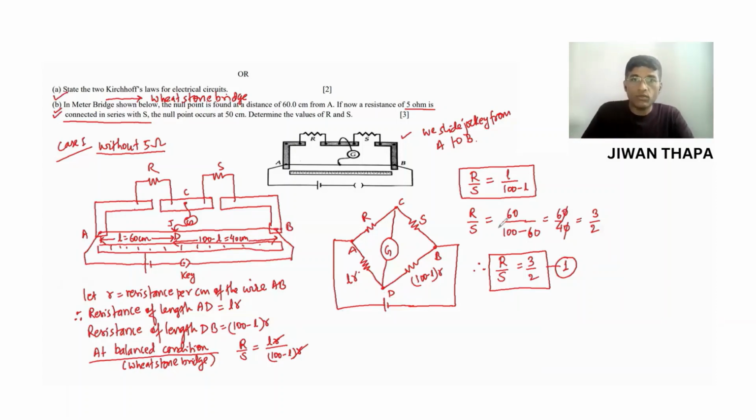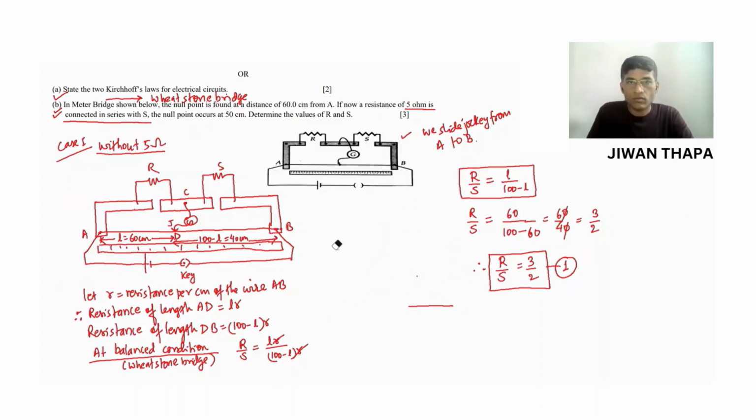Now next what we do. I'm erasing this. Okay. Now I'm erasing this also.